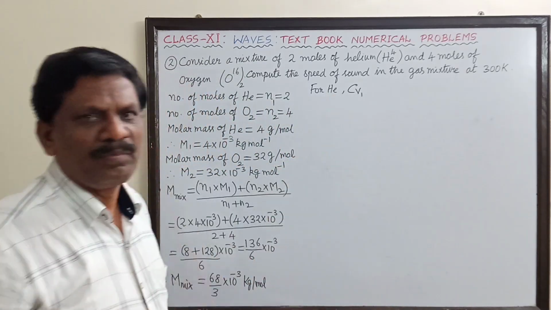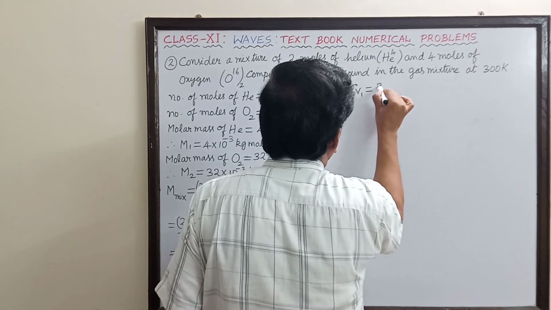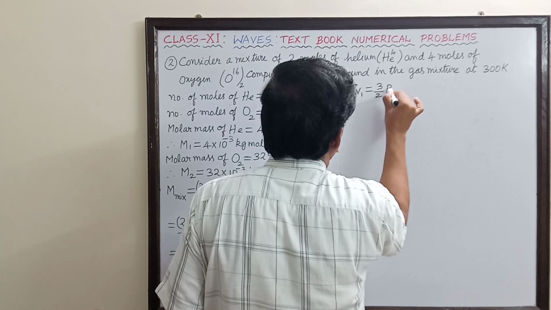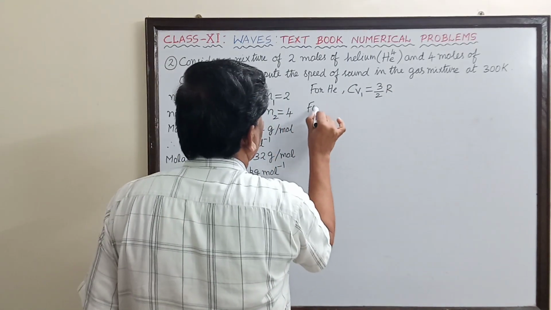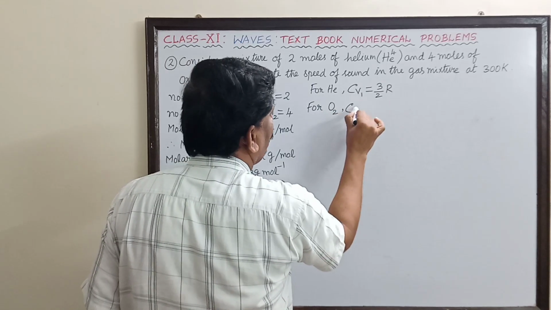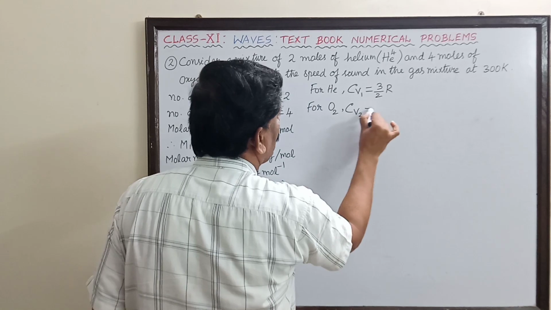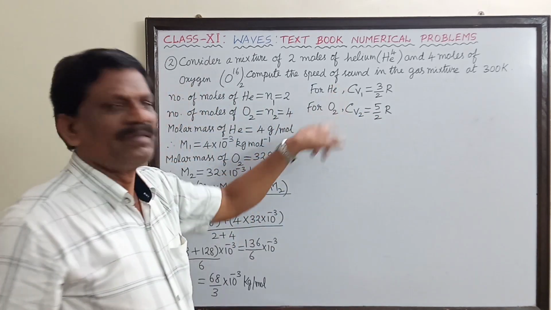Helium is monoatomic, is it not? Monoatomic means this is equal to 3 by 2 R. And for oxygen, since it is diatomic, the value of Cv is taken as Cv2, and that is equal to 5 by 2 R.